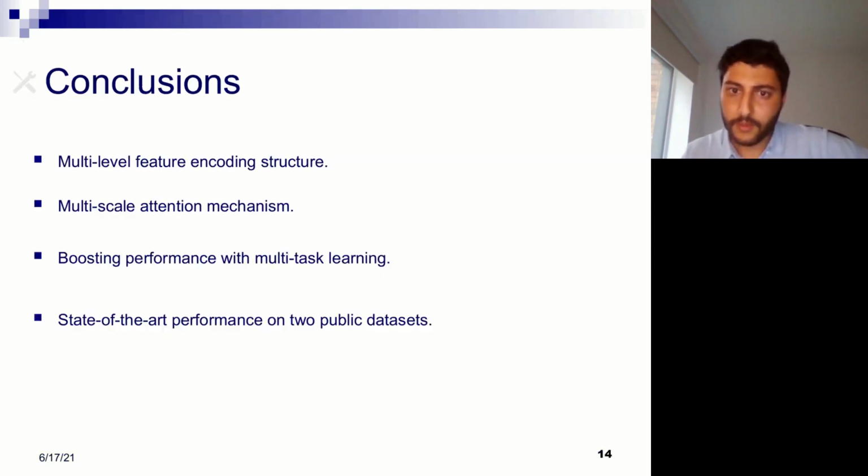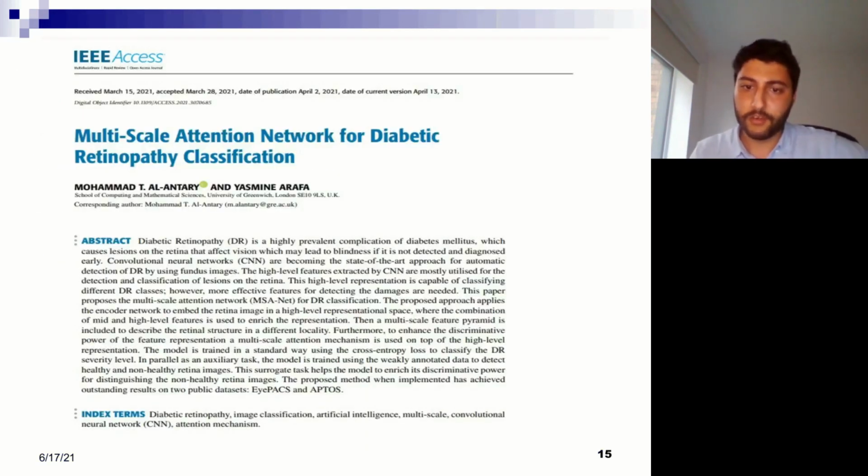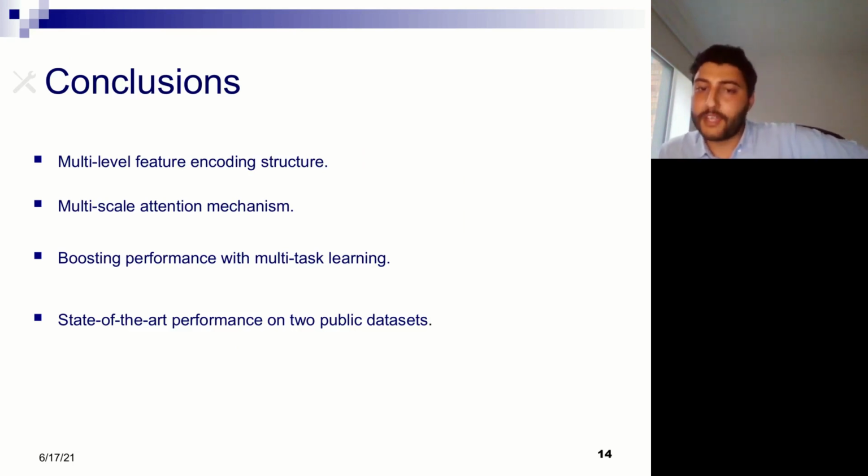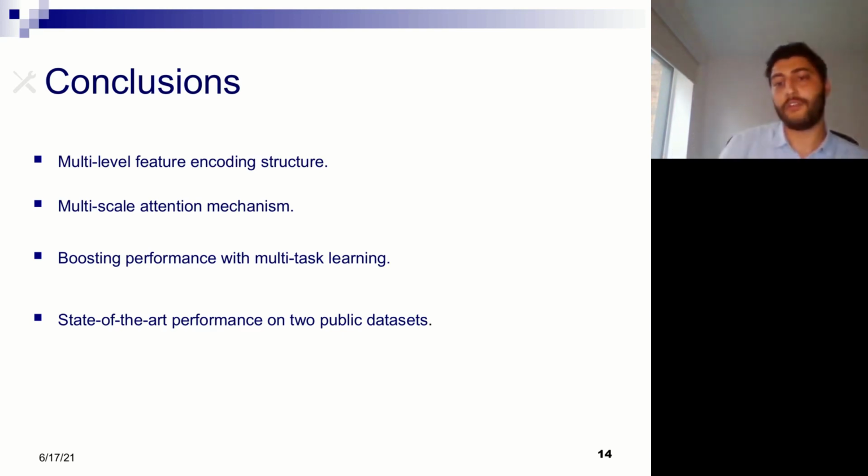In the conclusion, our contribution is that we used a multi-level feature encoding structure and also a multi-scale attention mechanism. The performance was improved by using multitask learning, with the auxiliary task in parallel with the multi-class training.